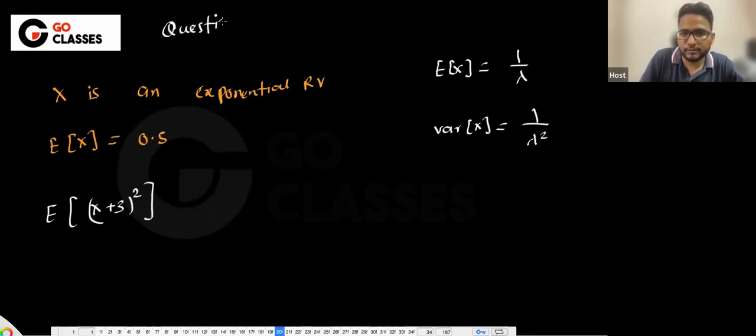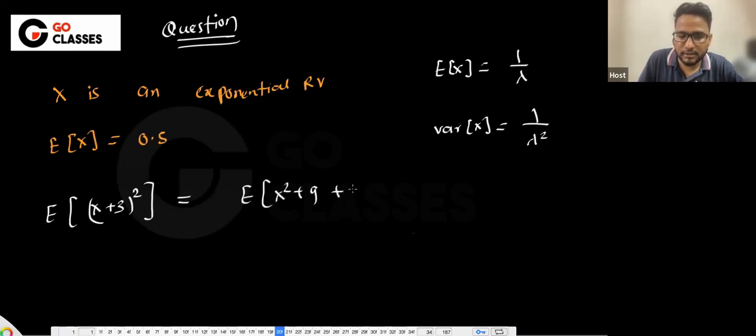Can anyone solve this question? See, this will be the expectation of x square plus 9 plus 6x, which is the expectation of x square plus 9 plus 6 times the expectation of x. The expectation of 9 is just 9 because it is a constant.